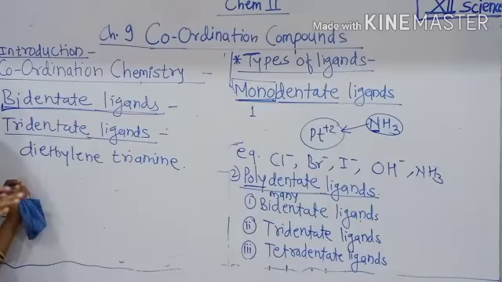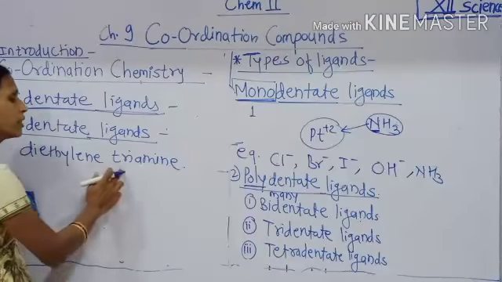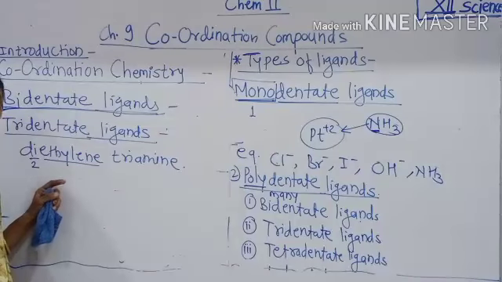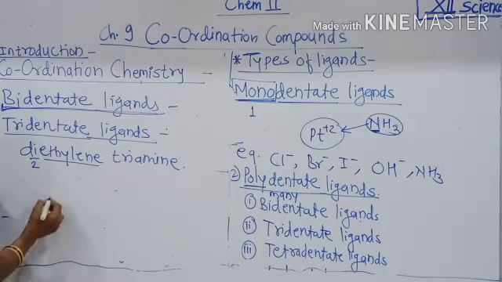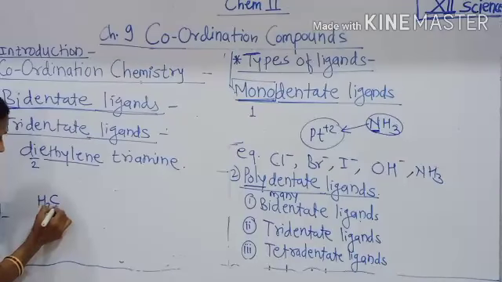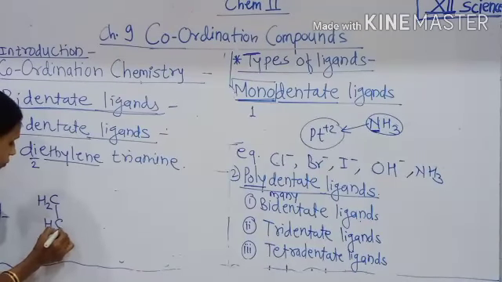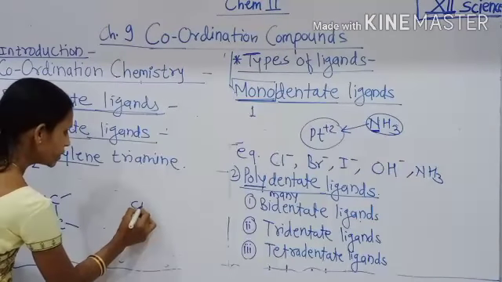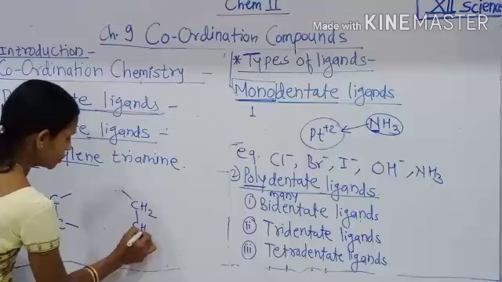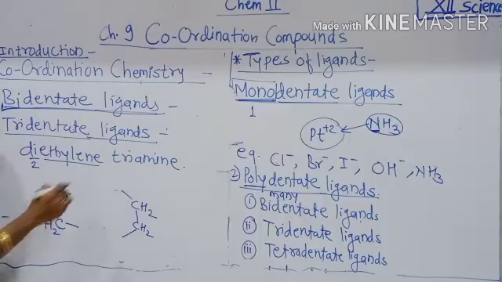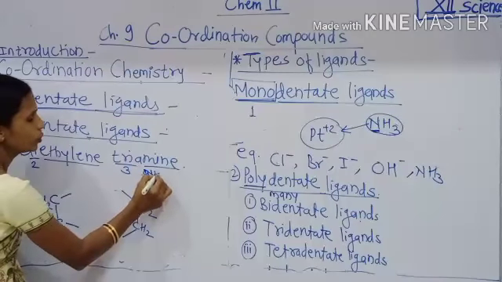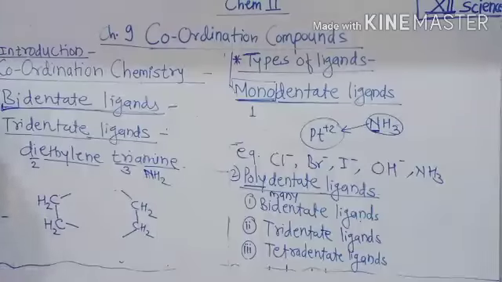Then we will draw the structure of the diethylene triamine ligand. Diethylene, di means 2, ethylene, that means there are 2 ethylene groups. We will draw the structure of this ligand. An ethylene group is there, one more ethylene group is there, that is dash CH2 dash. And triamine, that means there are 3 NH2 groups, amine groups.